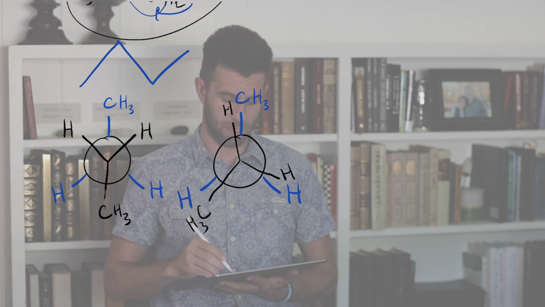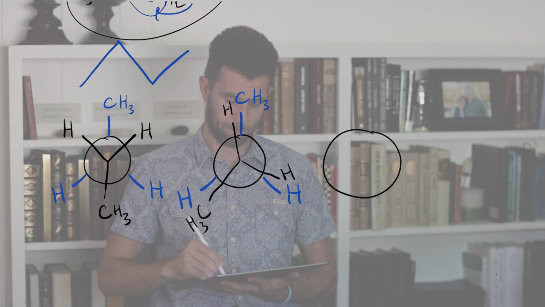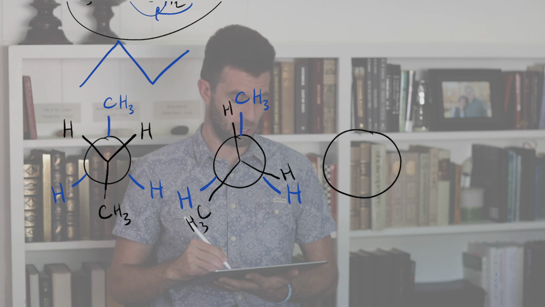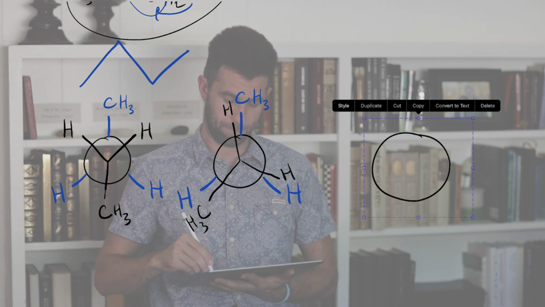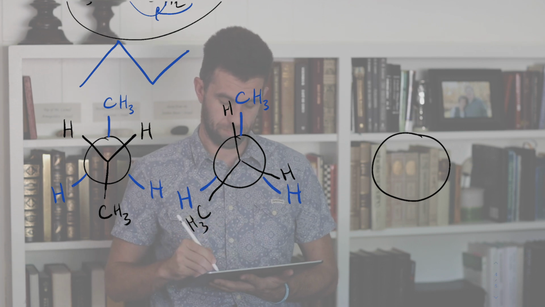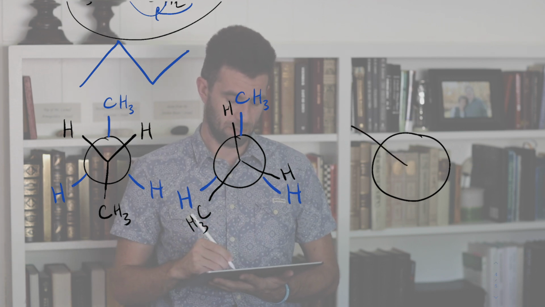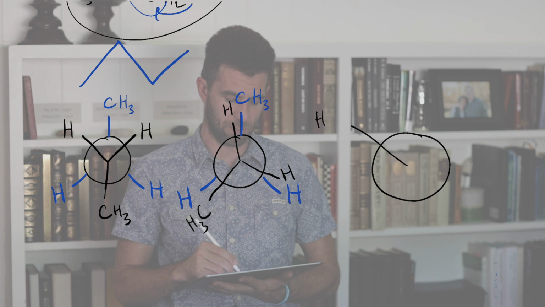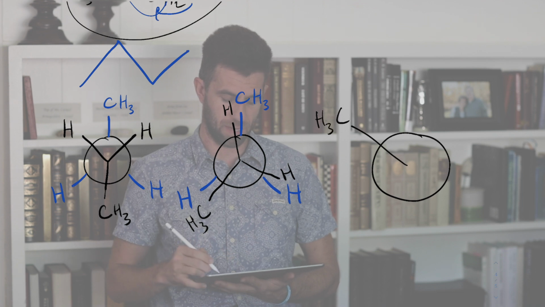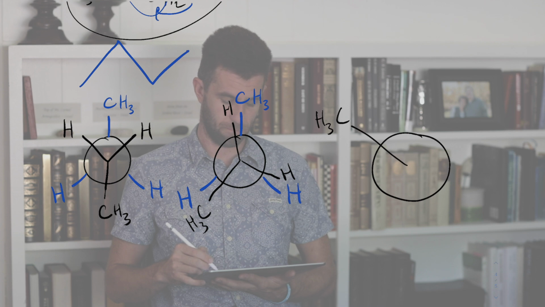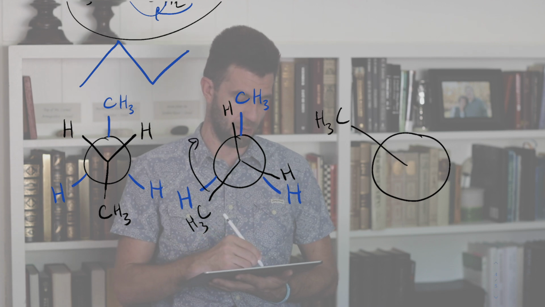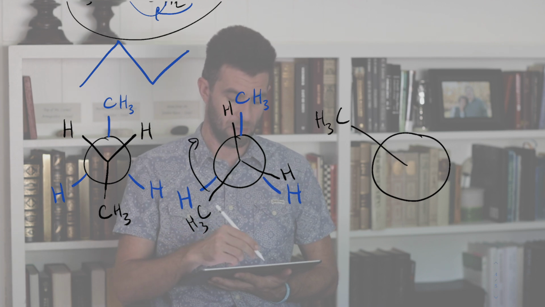Well, as we keep rotating around, we're going to now have this CH3 no longer eclipsed, right? It's going to be here. Because this one is now rotated all the way up here, it's now in between there.